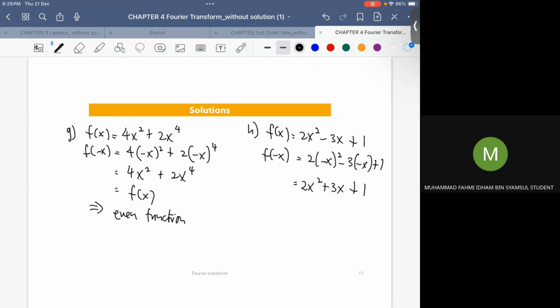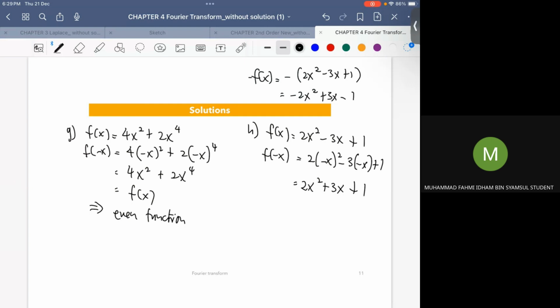And is it equal to f(x)? No, not equal to f(x), because in f(x) here we have negative, here we have positive. Is it equal to negative f(x)? If I put negative f(x), I should have negative 2x squared plus 3x minus 1.